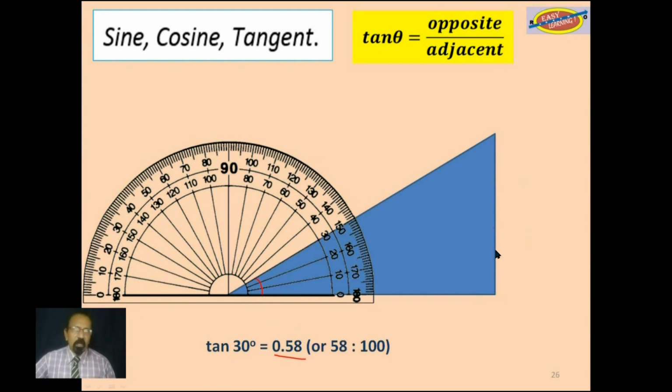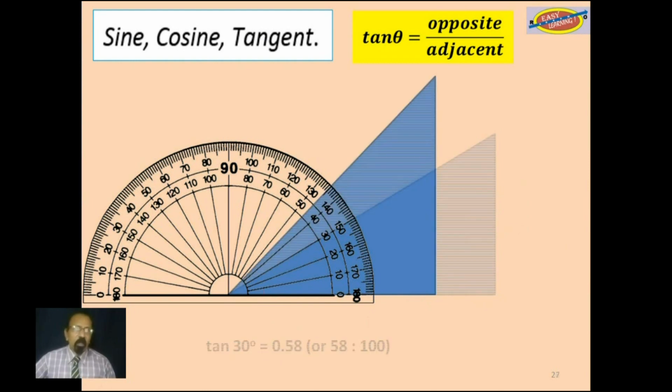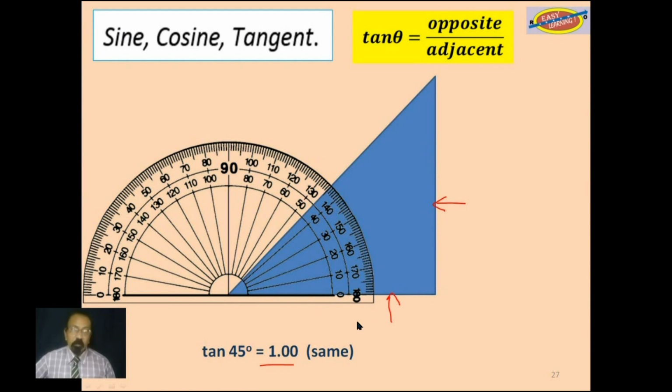That is to say, this is 0.58 of that, whatever length it is. And if we go to 45 degrees, we will get an answer of 1. That is to say, this side here and this side here are the same. So whatever this is, let's say 5, this will also be 5. You divide 5 by 5, you get 1.